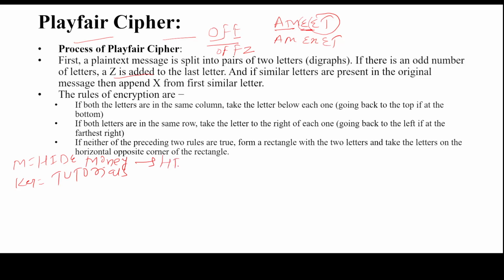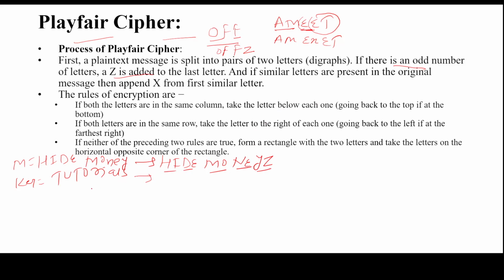HI will be the first pair, DE the second, MO the third, and NE the fourth. And what about Y? If an odd number of letters is present, we append Z at the end. So we have created these pairs.